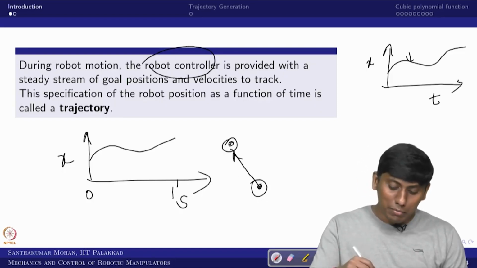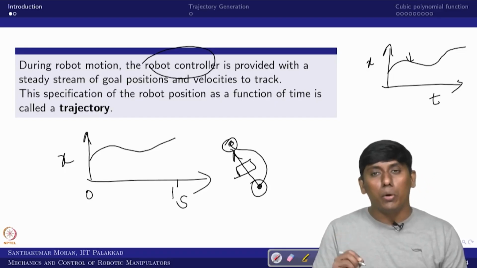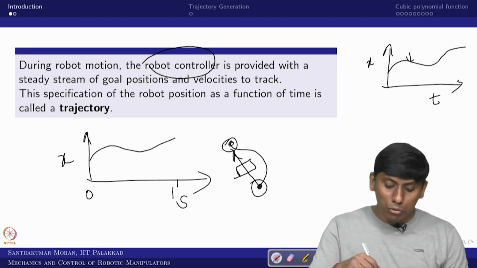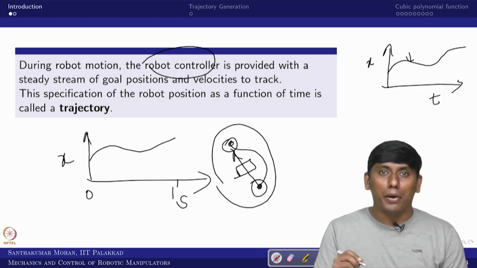Because sometimes there would be obstacles, or in order to make it energy optimal or time optimal, you need some predefined manner of going from one point to another. This is the prerequisite.